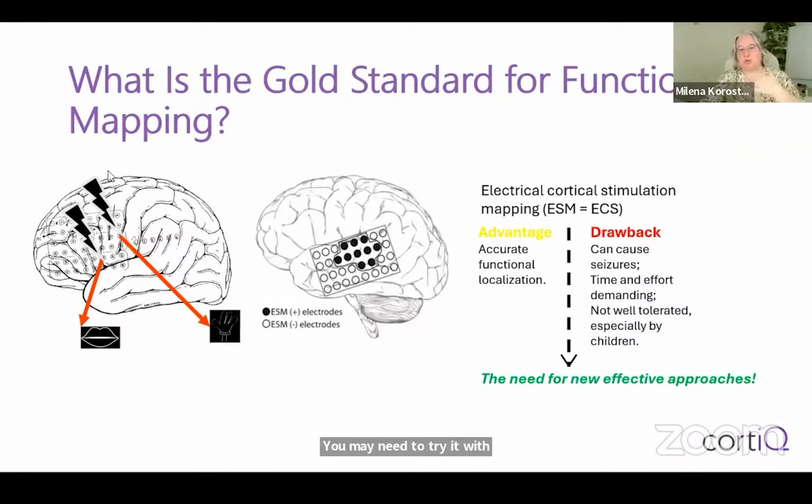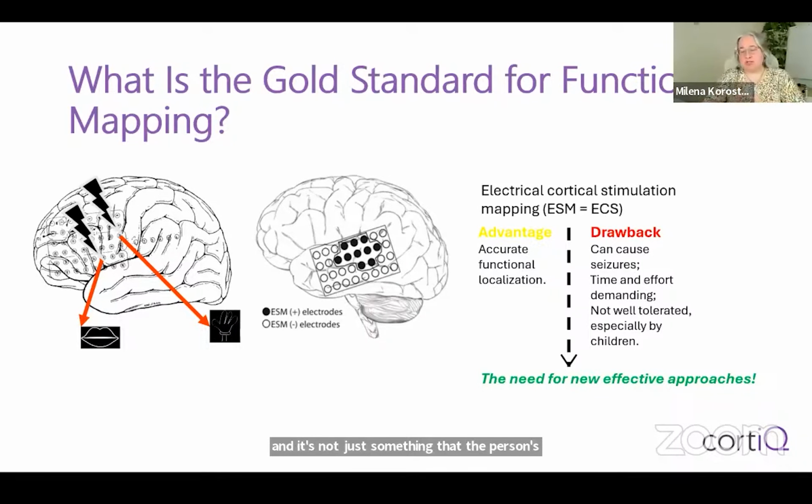You also need to check it twice, three times to make sure that the behavioral response that you see from the patient is really a behavioral response that is related to a certain function, and it's not just something that the person spontaneously performed.